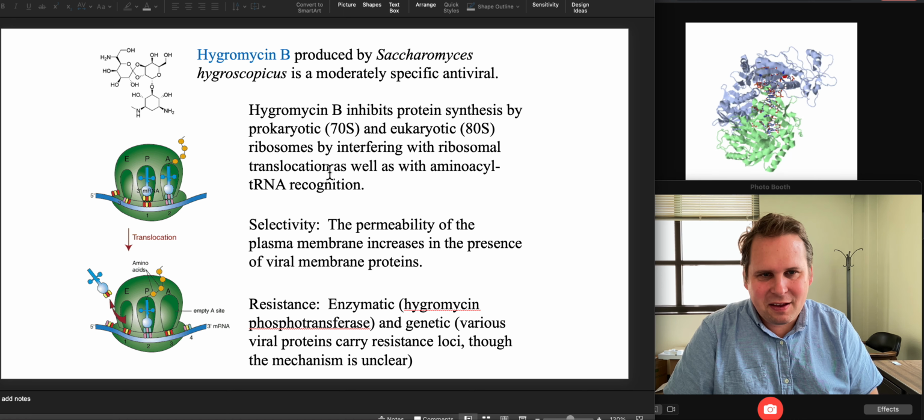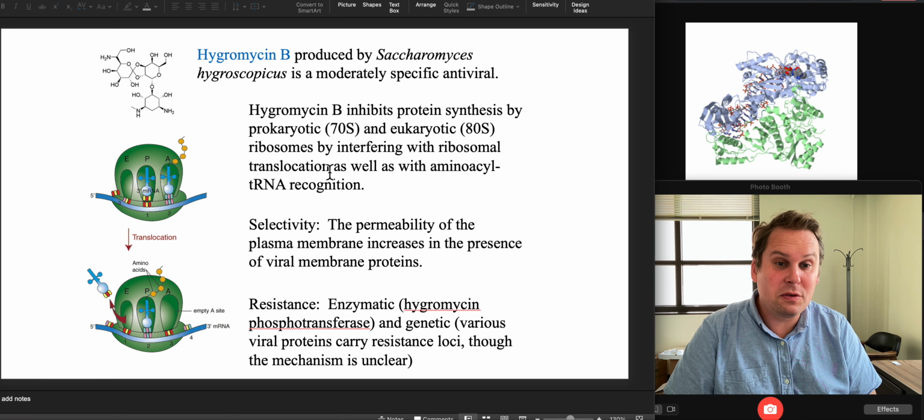So infected cells will get hit harder, and you do see this used. This is occasionally used in agriculture, hygromycin B. So selectivity is kind of at the level of the plasma membrane, and if you have a virus that changes the permeability of the membrane, then there's a chance that hygromycin will work a little bit.